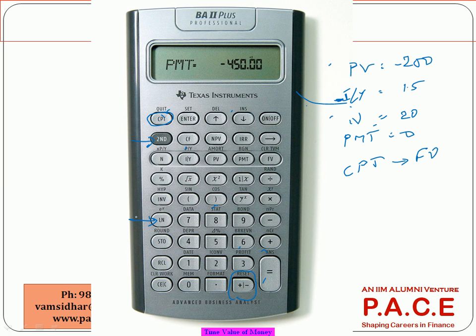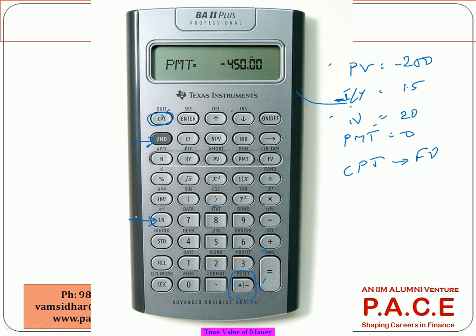Thinking that PMT is 0, you don't enter the value of PMT, you enter only the remaining 3 values. That old PMT of 20 is there in the system already. So the final FP is computed based on that PMT 20 itself.